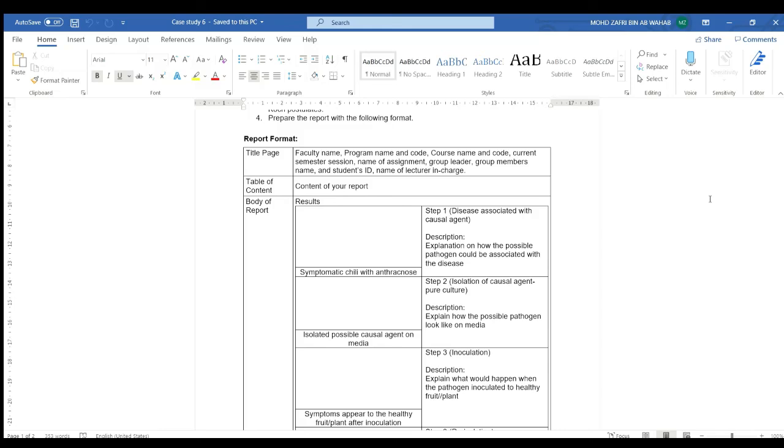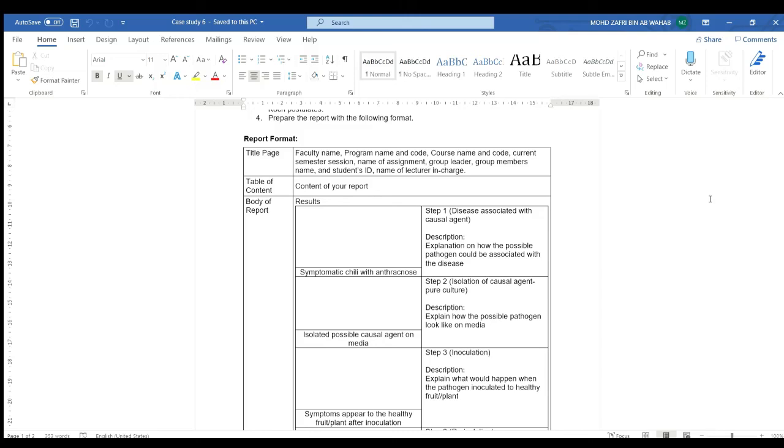So for results, for the first step, disease associated with the causal agent, you have to explain how the possible pathogen could be associated with the disease, and then you have to put the related figures that you obtain from the internet. The figures should be on chili that have anthracnose symptoms.